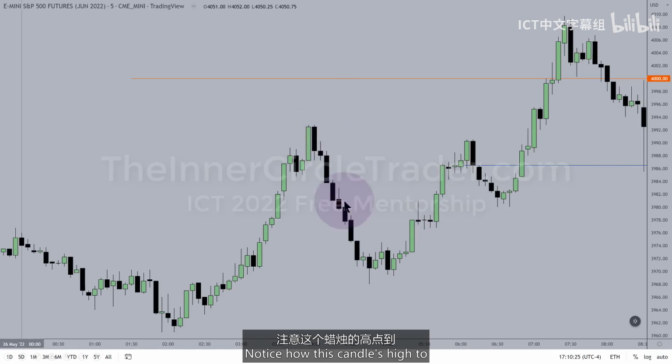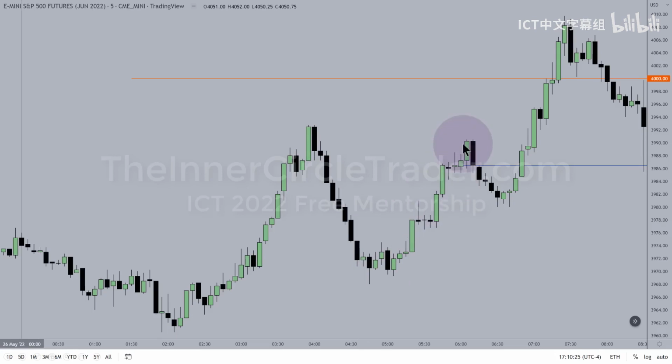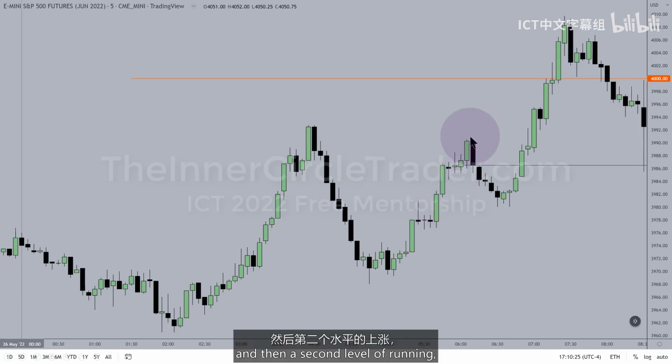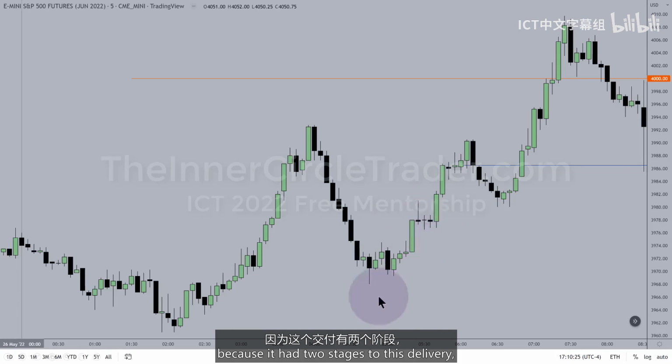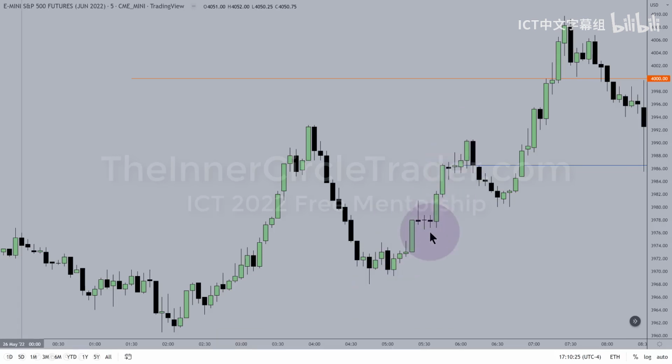Notice how this candle's high to this candle's low, that range right there has one single pass, whereas this one has 1, 2. Notice that? Low, high, small little retracement, and then a second level running. Because it had 2 stages to this delivery, I want to use this most recent one.